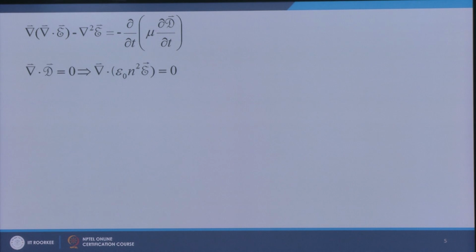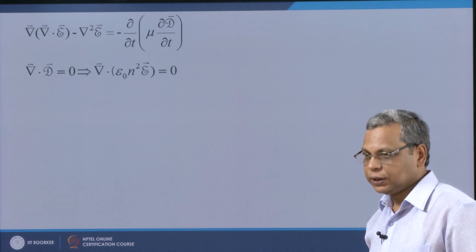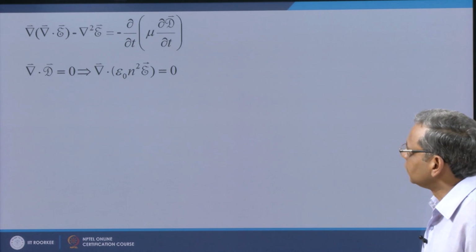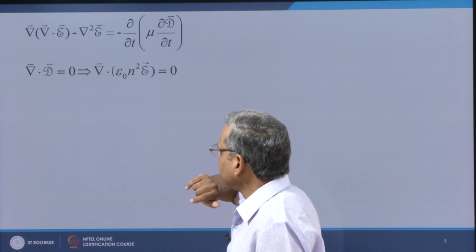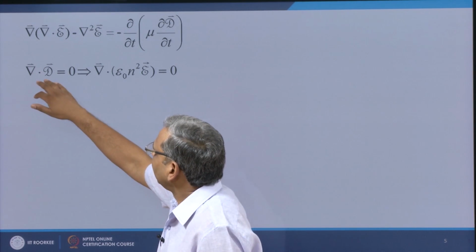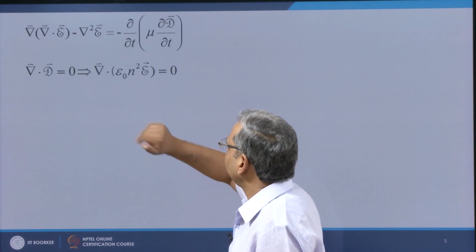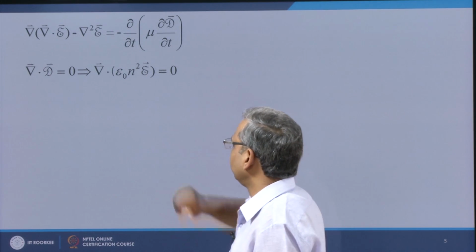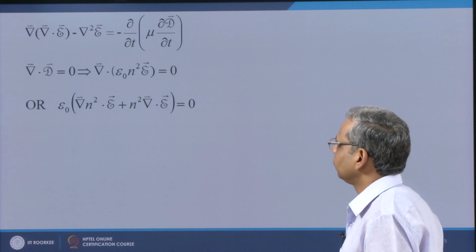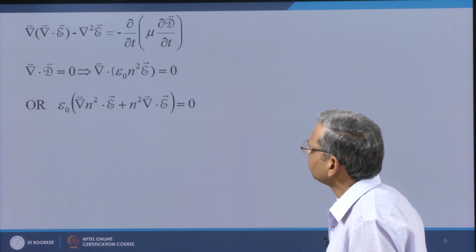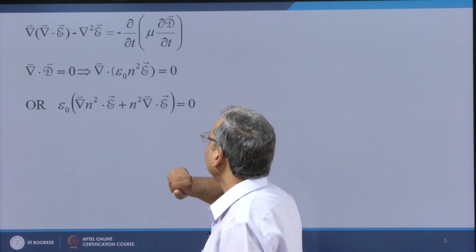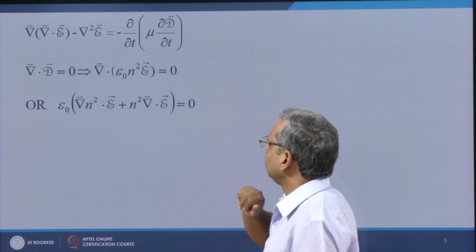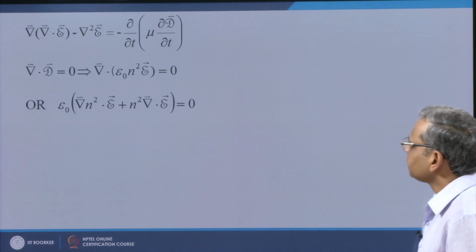If del dot E is not 0, then how is this wave equation going to change? So, let me now find out what is del dot E. For that I take del dot D is equal to 0 and put D is equal to epsilon naught n square E. n square is a function of x, y and z. So, I write it down as epsilon naught times del of n square dot E plus n square del dot E, and that should be equal to 0.